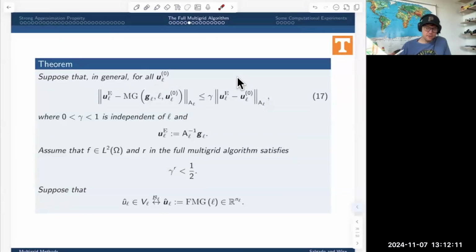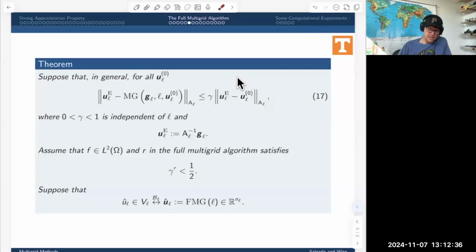and we run the multigrid approximation. Then the difference between the new approximation that we get, remember we'll call this UL3 because it goes through 3 stages: pre-smoothing, coarse grid correction, and then post-smoothing. So that gives you UL1, UL2, UL3.